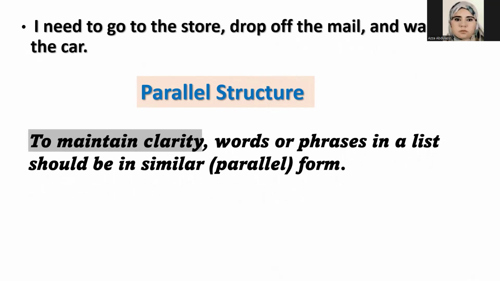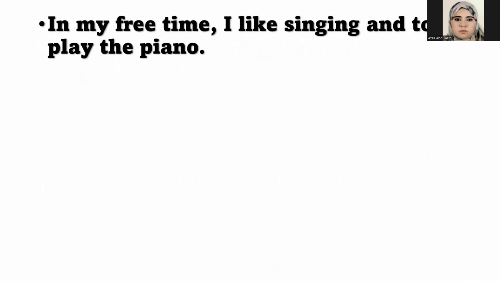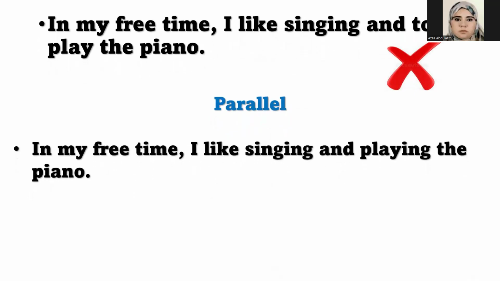Okay, let's have another example. In my free time, I like singing and to play the piano. Do you think that this sentence is a parallel one? No, of course not. But how to fix it? How to make it a parallel sentence? It will be either: in my free time, I like singing and playing the piano.